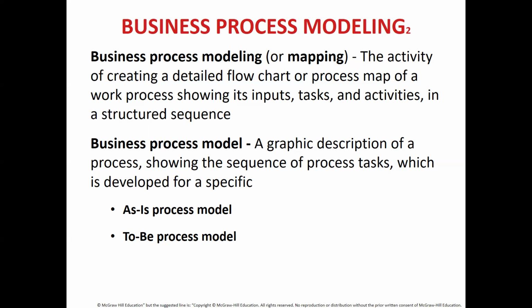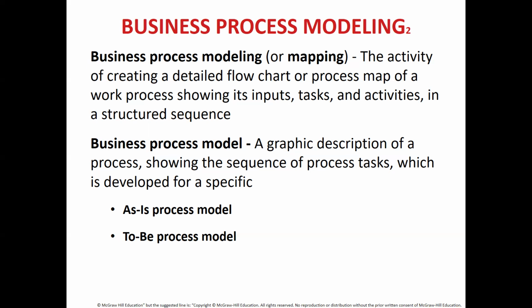If you look at the business process model, there are 2 types: the as is process model and the to be process model. The as is process model is the current state of operation that has been mapped with no changes or improvements to the existing process. That means what is actually happening, the processes that you are conducting to produce a product or service.